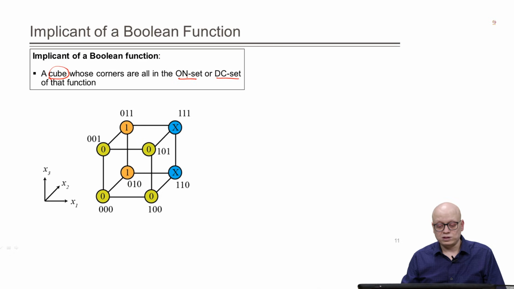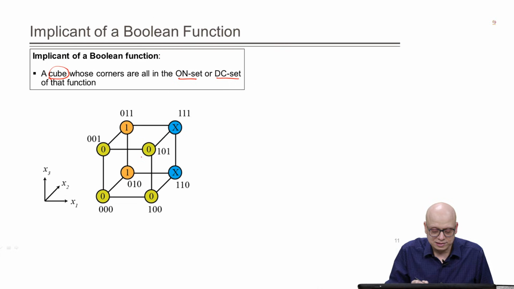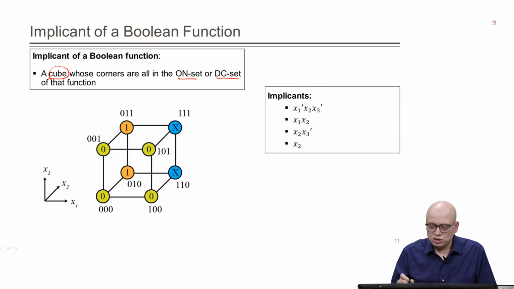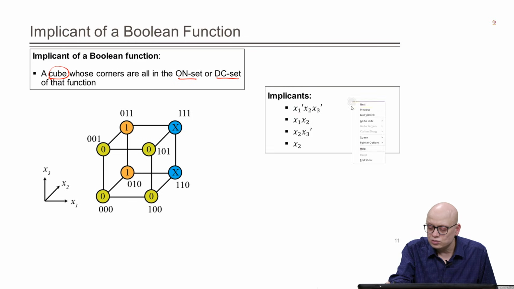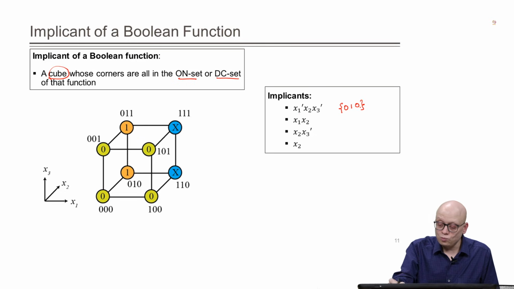So, let us take an example. Suppose this is an incompletely specified Boolean function which was given. Now, in this case what can be the implicant? We can say x1 bar x2 x3 bar, meaning that the combination is 0 1 0.